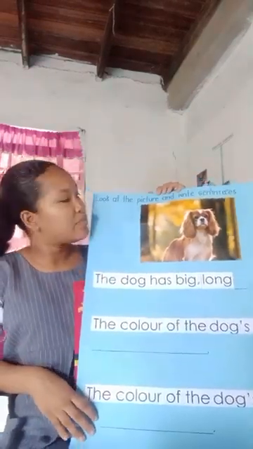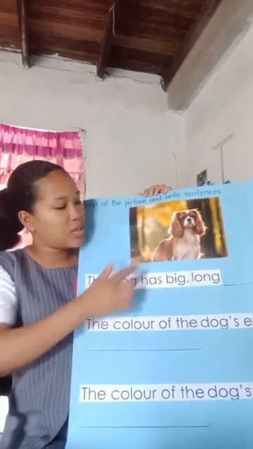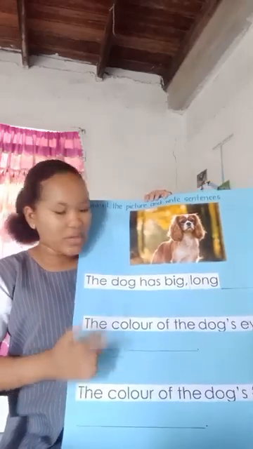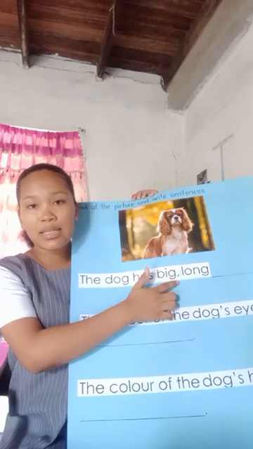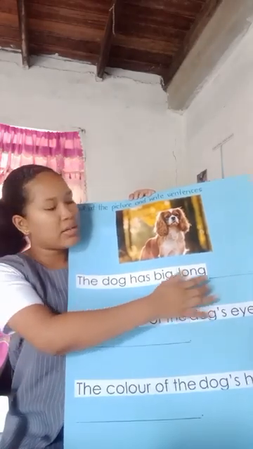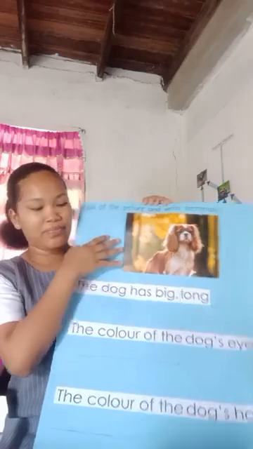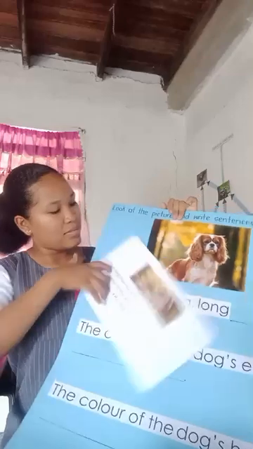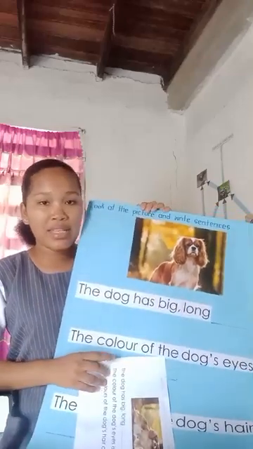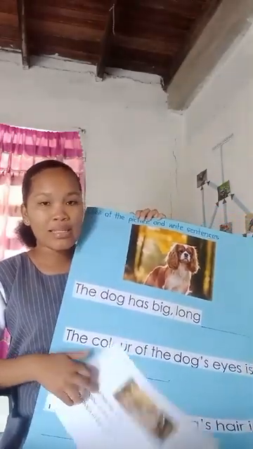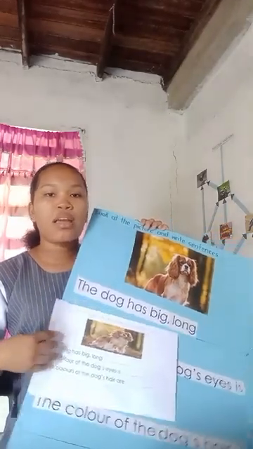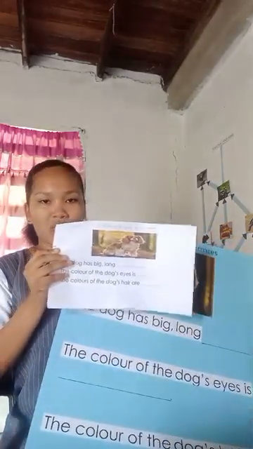Okay, so the pupils are going to look at this picture. We are going to read part of the sentence that we provide here, and they are going to complete it by looking at the picture. While we're conducting the activity in front of the class, they are going to follow by using this worksheet.